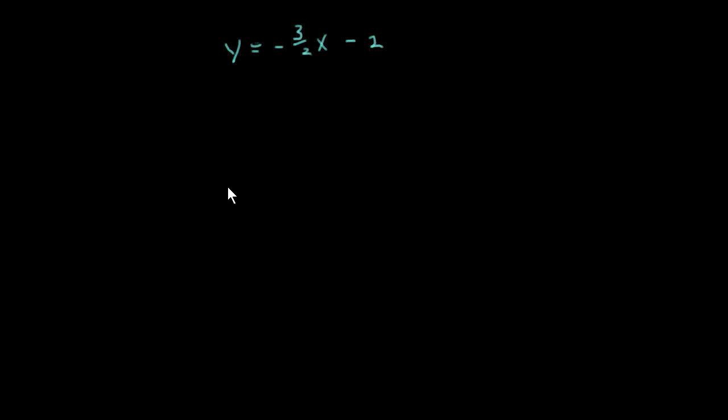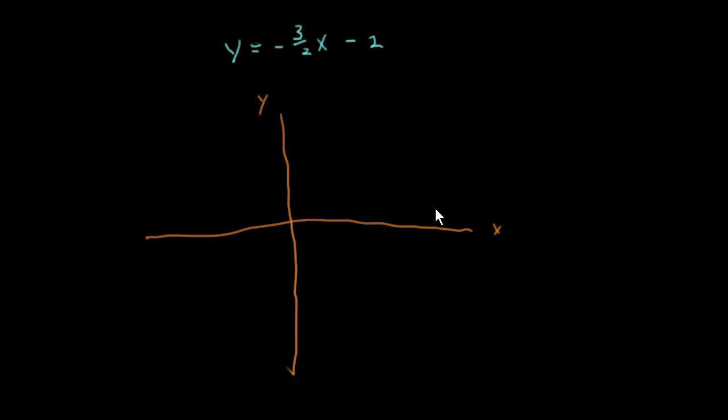Okay, welcome back. I believe the boundary line should look something like this. You should have a y-axis and an x-axis, hopefully a little straighter than mine. And you probably will have a point down there at negative 2. That's 0, negative 2.